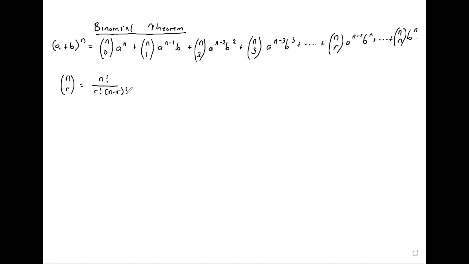So we'll start with calculating n choose 0, n choose 1, n choose 2, and n choose 3. So n choose 0, following the definition, is n factorial over 0 factorial, n minus 0 factorial.